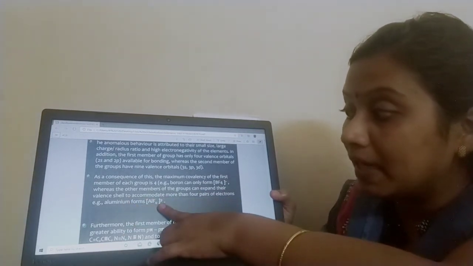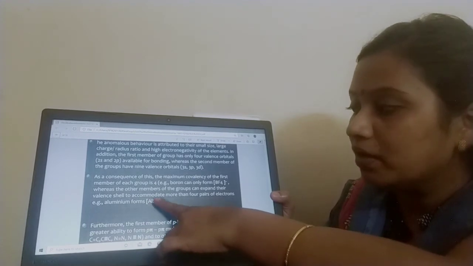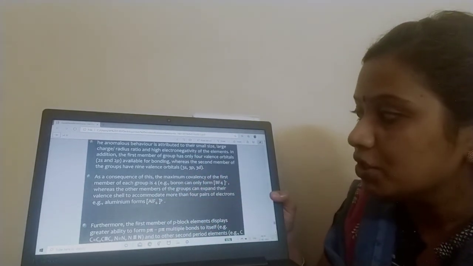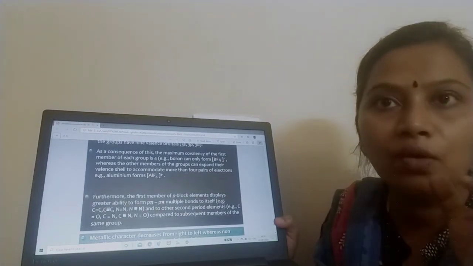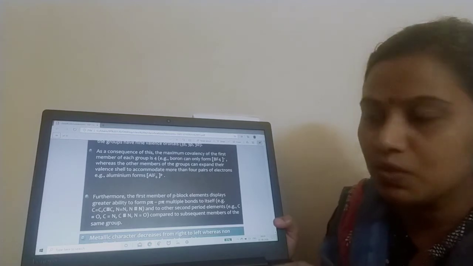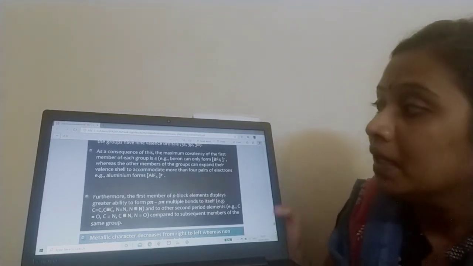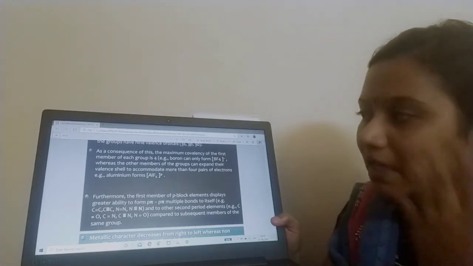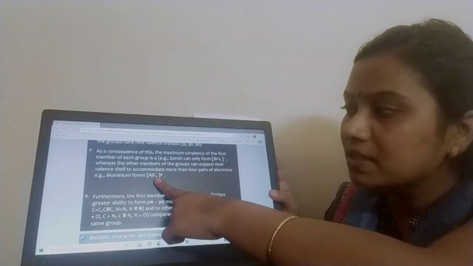For example, aluminium is able to form a covalent bond with F6. This is the consequence of the diagonal relationship. See, the maximum covalency of the first group is always 4. They can bond with only 4 different atoms. For example, boron can bond only with 4 fluorine atoms. But the other members can expand their valence shell so that they accommodate more than 4 pairs. See, they have accepted even 6 fluorine atoms here.